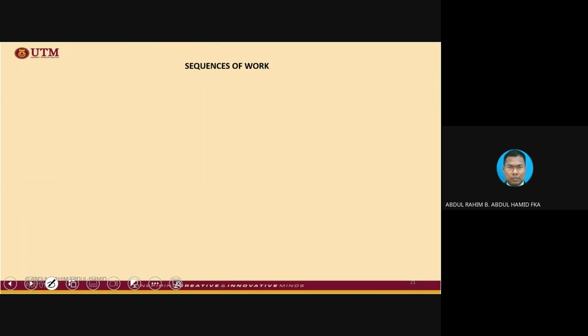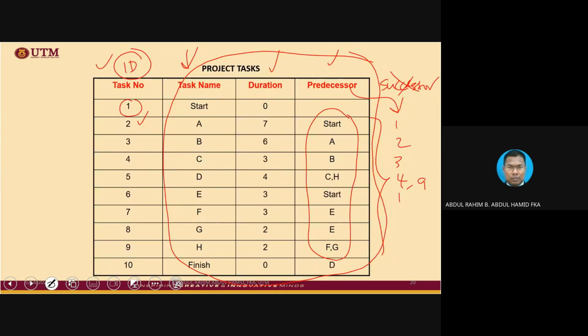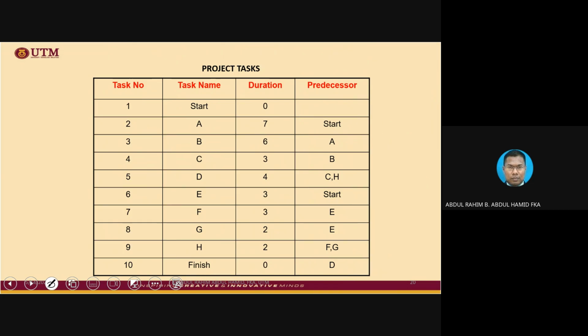Okay, now, once we have this information, we can start to construct the diagram. How do we construct? The easiest way, if you have no idea, just count how many boxes you need to have in the diagram so that you do not miss any.